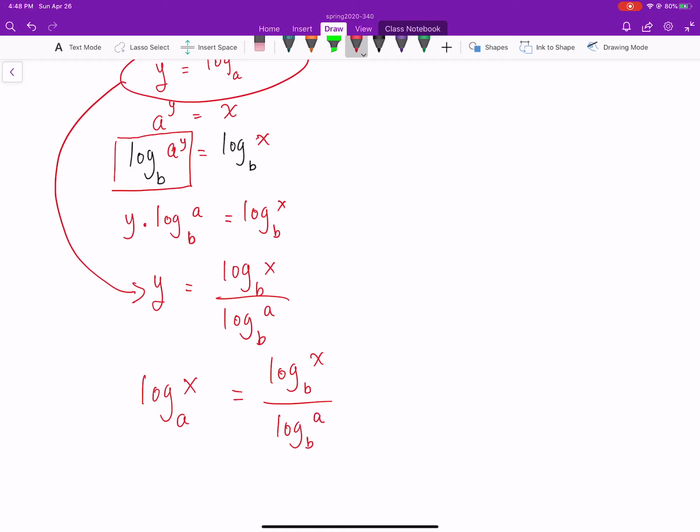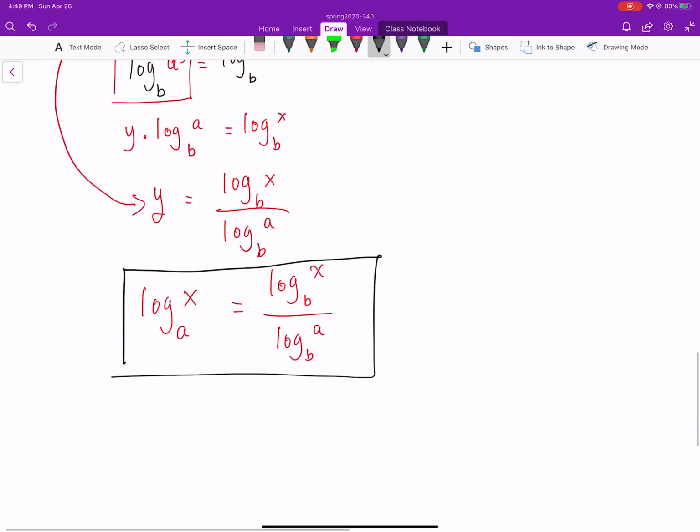So you can think about it as, if you want to switch base, you get log b of the argument divided by log b of the base of the original log. Now, this is the expression for a change of base.